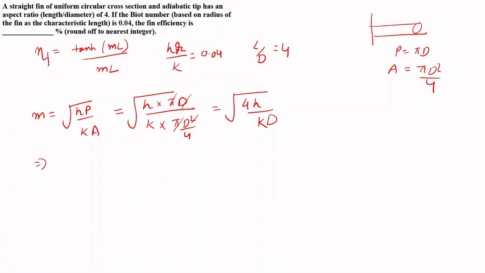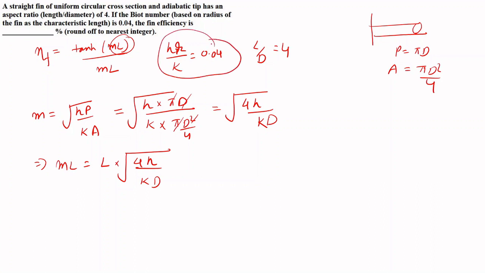Okay, so now let's find this ml term. ml will become length into under root of 4h upon kd. Now here we are having hR upon k as 0.04. So from here we can get hD upon k will be twice of that term, so basically 0.04 into 2 will be 0.08. Now I need to fit this equation over here.